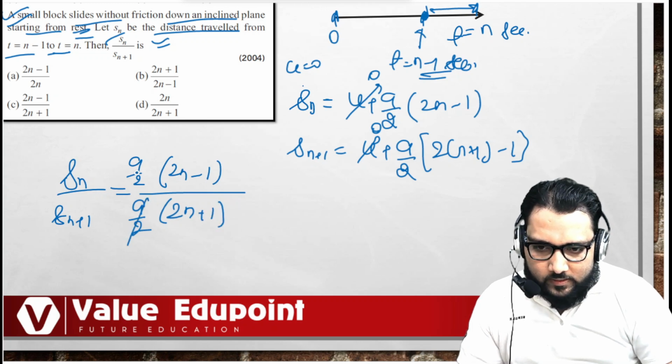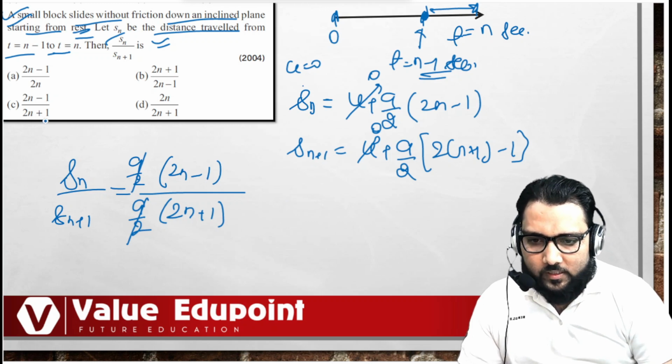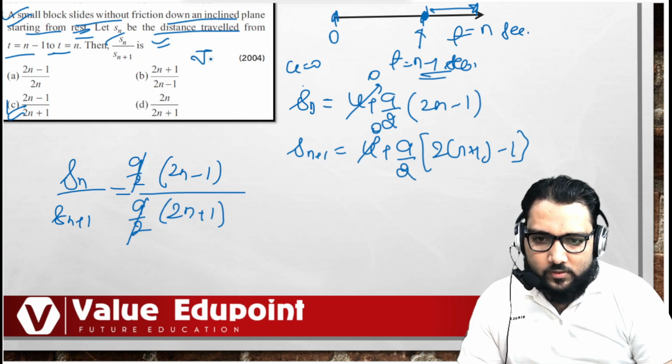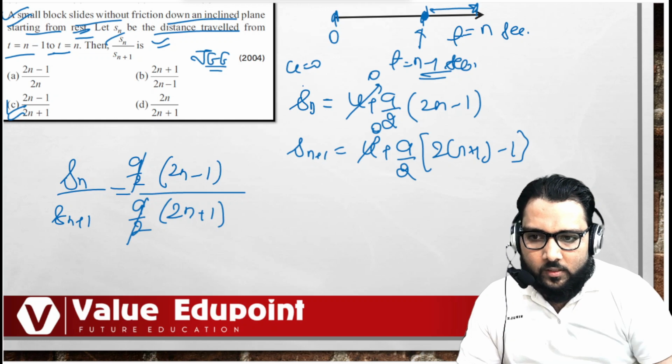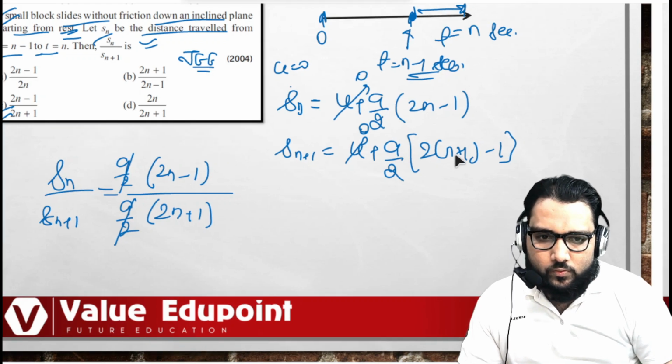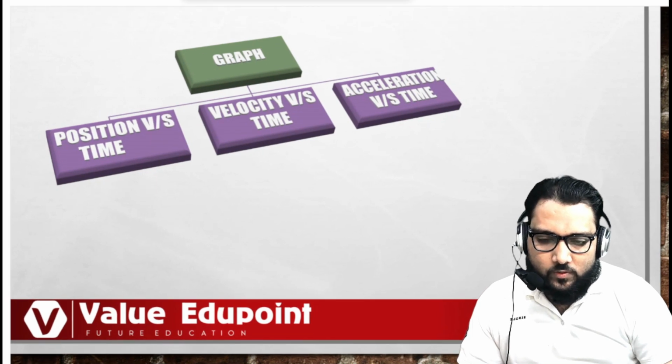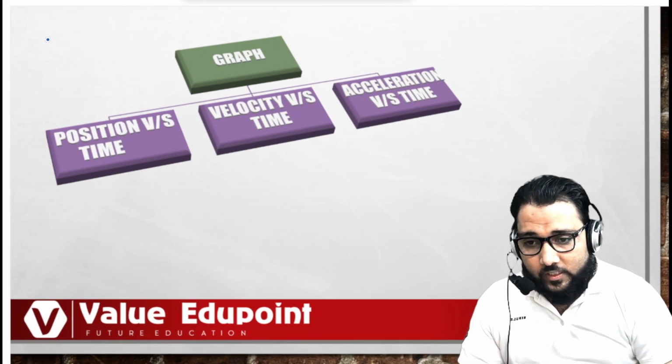Here the a by 2 cancels out, so the ratio comes out to be 2n minus 1 upon 2n plus 1. Answer C is correct. This is a good problem, guys. Now we are moving to our next topic. For kinematics, guys, this is a very important topic.